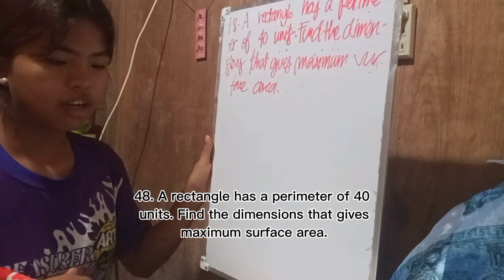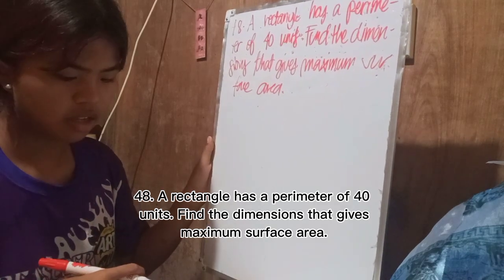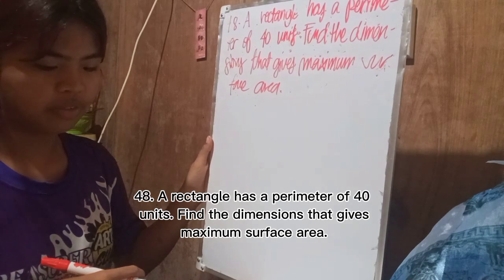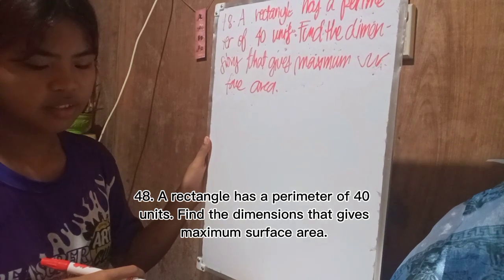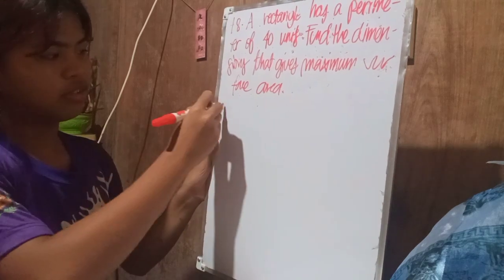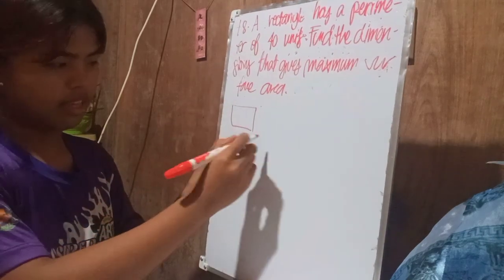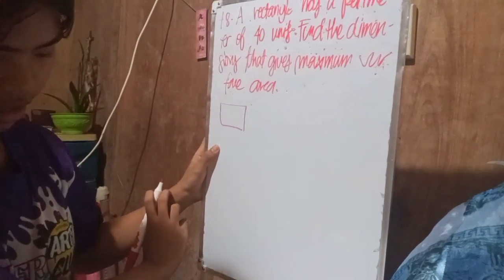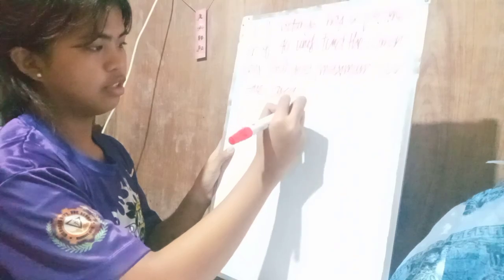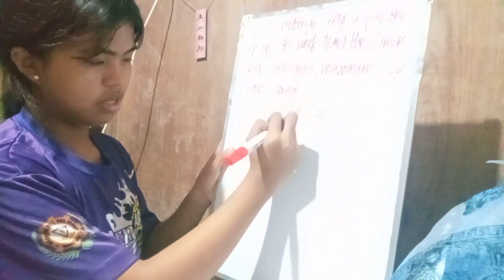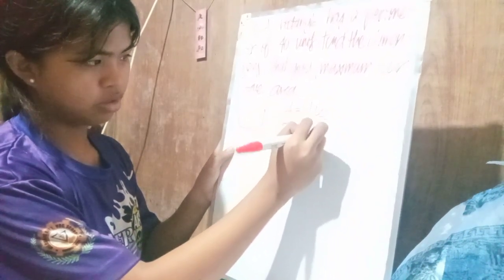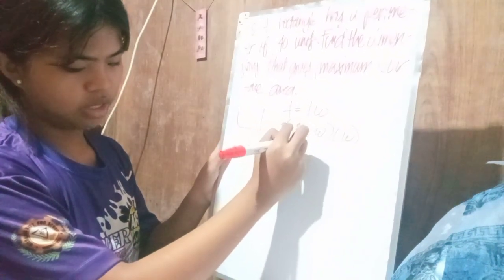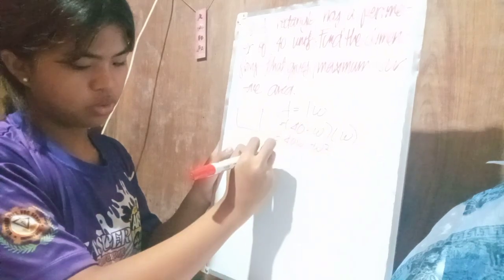Number 48. A wire 80 meters long is bent to form a rectangle. Find the dimensions of the rectangle that maximize the area. So, a rectangle, and the first thing is its area. So, area is equal to length times width, which is 40 minus w times w, and then 40w minus w squared.